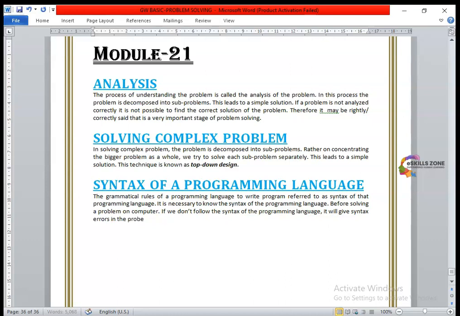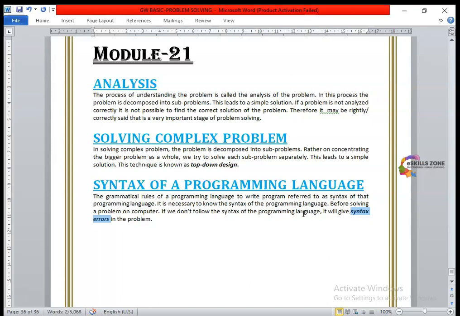So the computer generates some errors, and if we make some grammatical rule mistakes, then the error generated by the computer program is called syntax error.